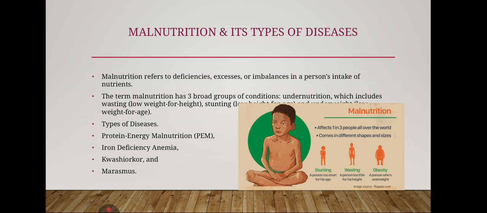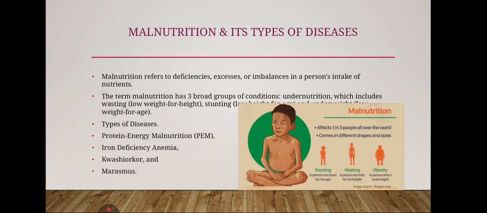So depending upon this, it has been grouped into conditions under nutrition, that is wasting, which means the person has low weight for their height. Then the second one, stunting. It refers to low height for the particular age, and then overnutrition.